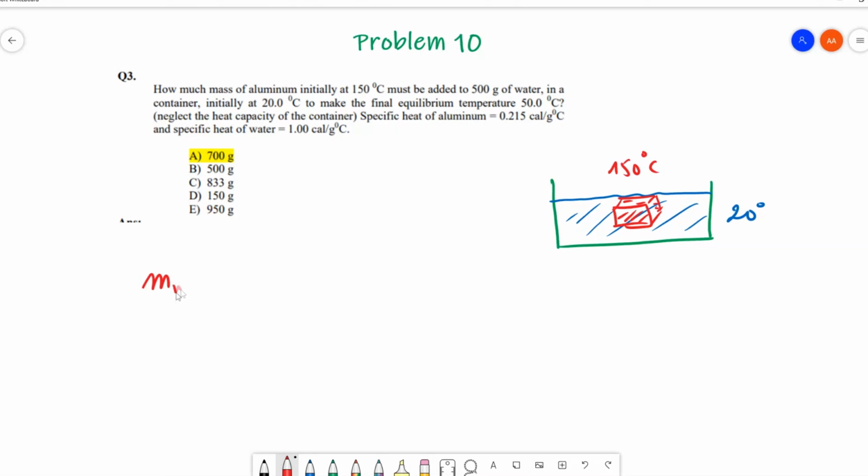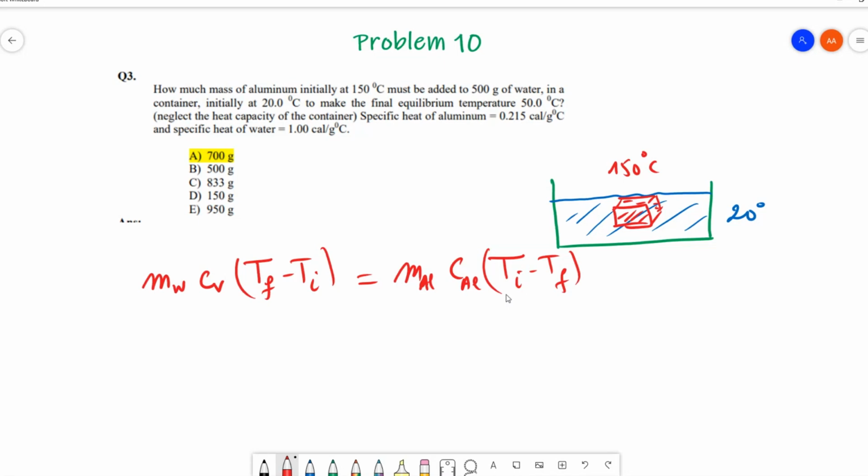The mass of water multiplied by the capacity of water multiplied by delta T, final minus T initial. So here, this one will give you the heat which is obtained by water, is equal to M of aluminum and C of aluminum, and here T initial minus T final.